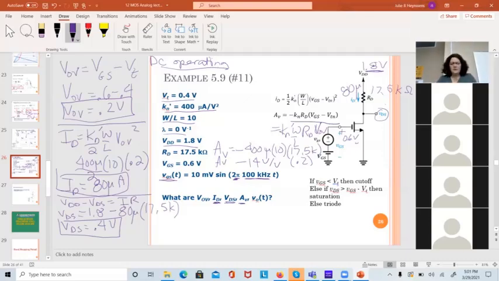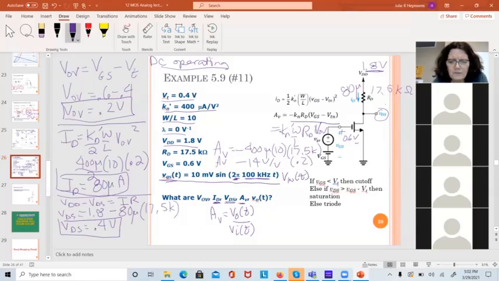And remember the voltage gain, how was it defined? AV equals Vout of t over Vin of t. And Vin of t, what the heck was Vin of t? It's just this VGS. This is Vin of t.